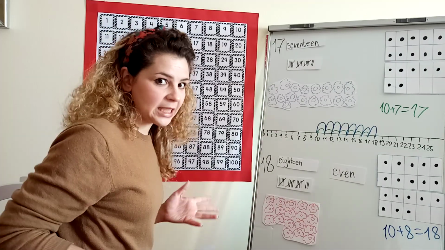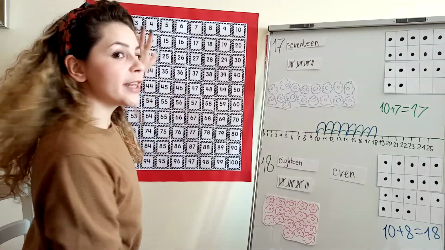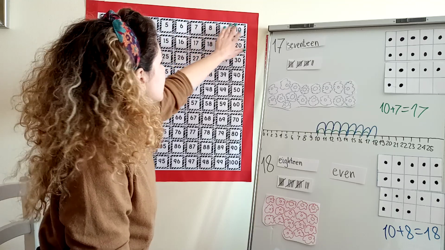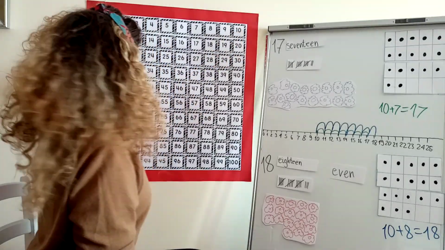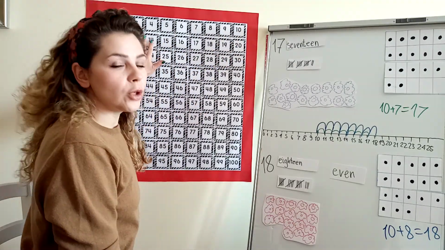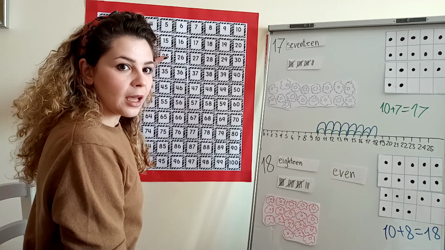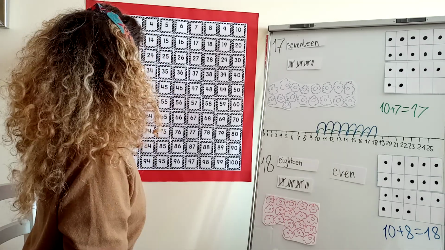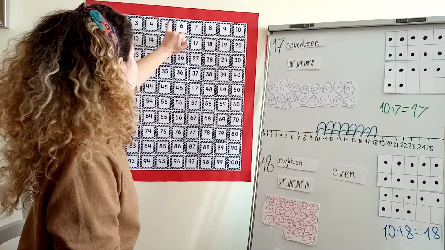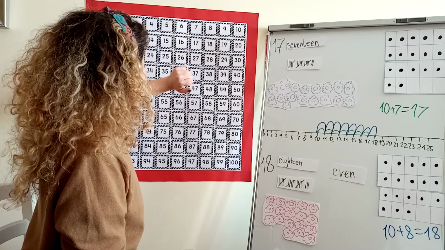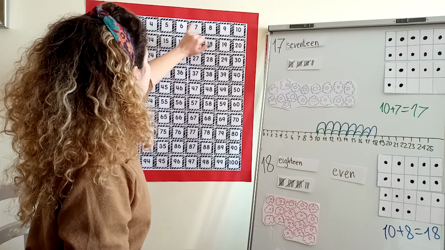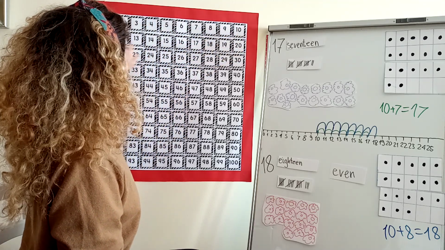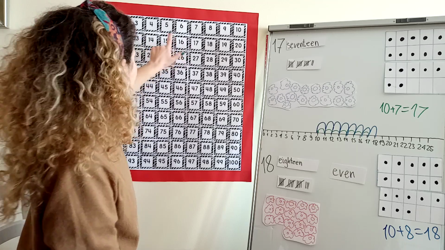So how is 17 exactly odd? Look here. We are not counting in pairs. Okay, 2, 4, 6, 8, 10, 12, 14. So you can see so far, every time I said a number, that number had a pair. 2 had 1, 4 had 3, 6 had 5, 8 had 7, 10 had 9, 12 had 11, 14 had 13, 16 had 15.